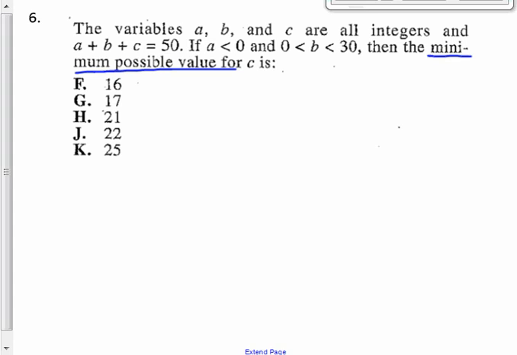Okay, so like I suggested, I'm actually going to start at the top instead of in the middle for this problem. So I'm going to consider if C was 16. So that means A plus B plus 16 equals 50, which means if I solve for A plus B, that equals 34.